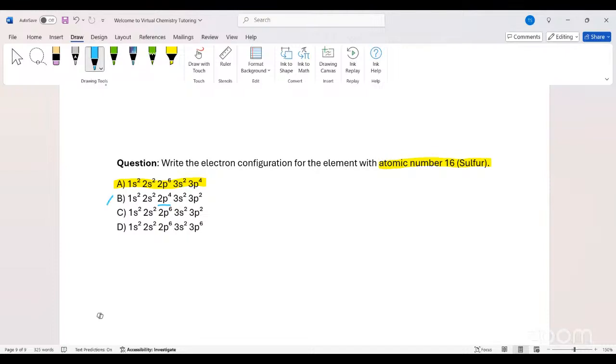So we got to discount letter B. Letter C, it doesn't even add up to 16. It only goes up to 14. So we got to discount that one as well. And then when we look at letter D, well, that's too many. That goes up to 18. So if you look at the answer choices, adding them up will give you the right answer.